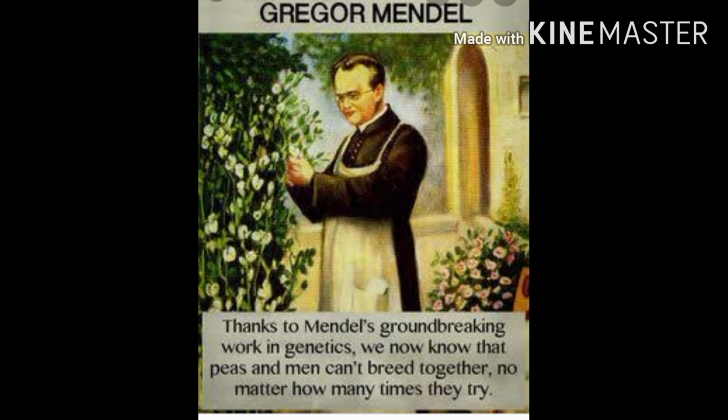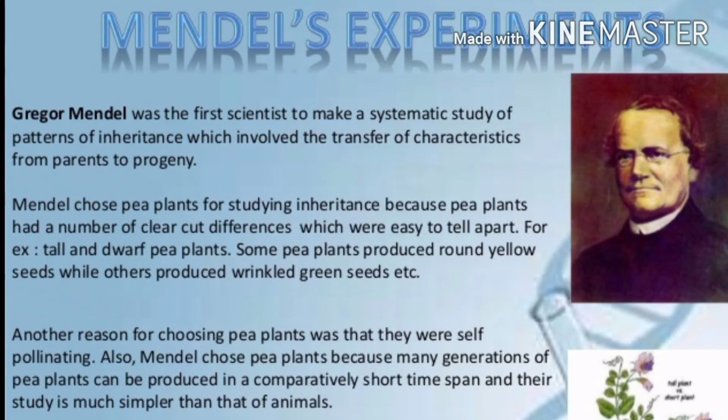Mendel selected garden pea plant for his experiment because pea plant had a number of clear-cut differences which were easy to tell apart. For example, tall and dwarf pea plant. Some pea plant produce round yellow seed while other produce wrinkled green seed, etc. Another reason for choosing the pea plant for his experiment was that they were self pollinating.